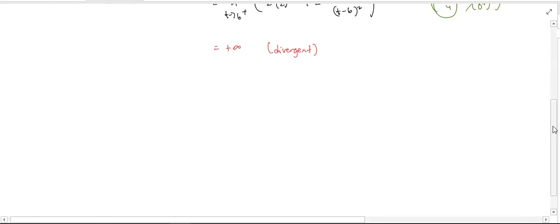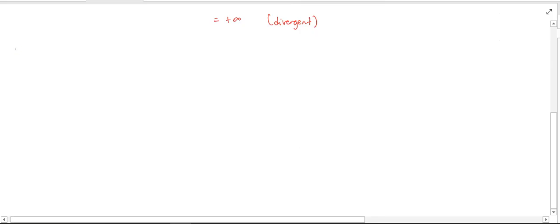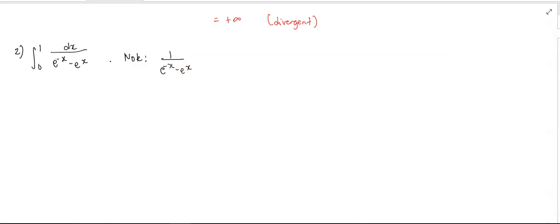Okay, let's move on and have this next item. We want the integral from 0 to 1 of 1 over (e raised to negative x minus e raised to x) dx. Okay, again, first step is to always investigate the continuity of our function. Where is this continuous?